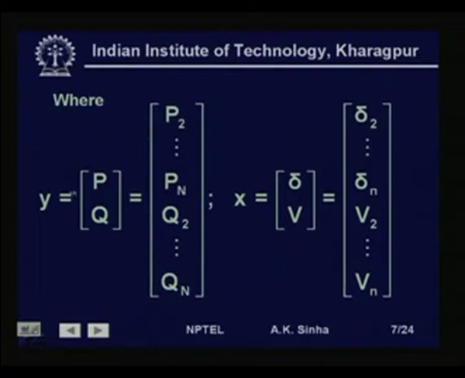So, y is a vector of P's and Q's, and x is a vector of the voltage angles and the voltage magnitudes, which can be written as a vector from delta 2 up to delta n, that is delta 2, delta 3, delta 4 up to delta n, and V 2 to V n, that is V 2, V 3, V 4 up to V n, for all the n buses in the system.